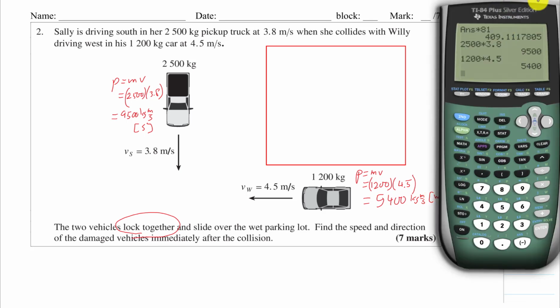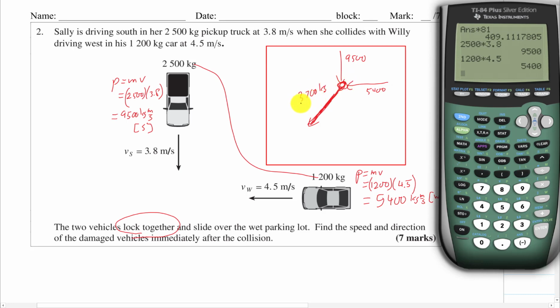So after they collide, one's going this way and the other one goes this way, the wreckage just starts to slide this way. So the momentum going down beforehand was 9,500, and the momentum going left is 5,400. The mass of this wreckage is going to be both of them together, which is 3,700 kilograms.